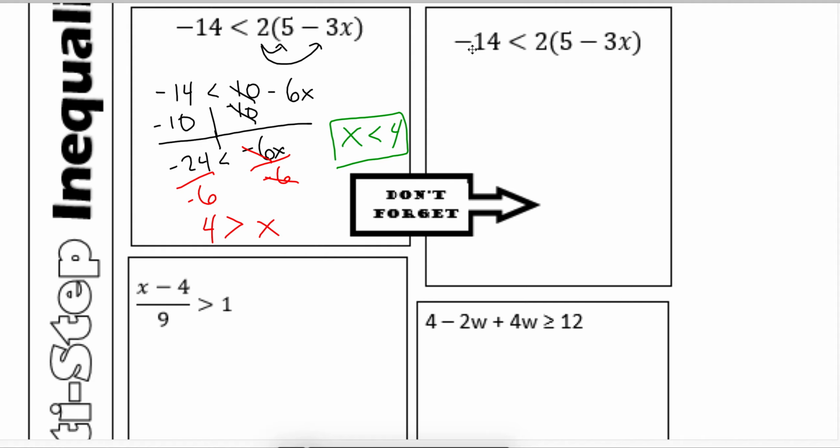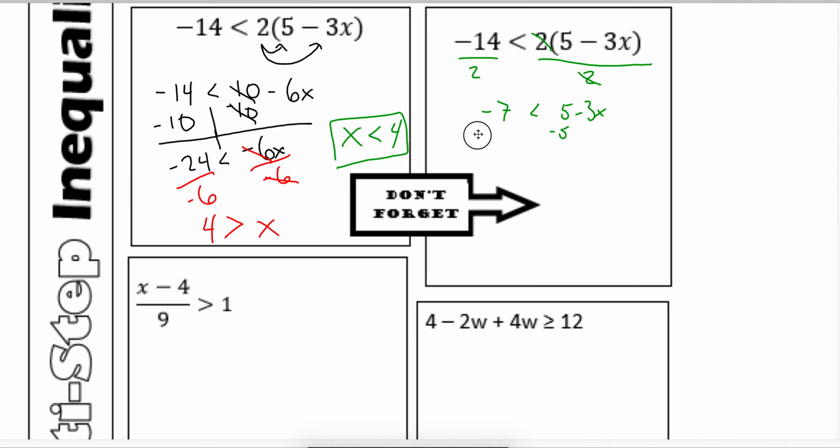If this number on the opposite side is an even number and you have a 2, divide the whole thing by 2. You don't have to do distribution. 2 divided by 2 cancels out. Negative 14 divided by 2 is negative 7, which is less than, and then we have left 5 minus 3x.